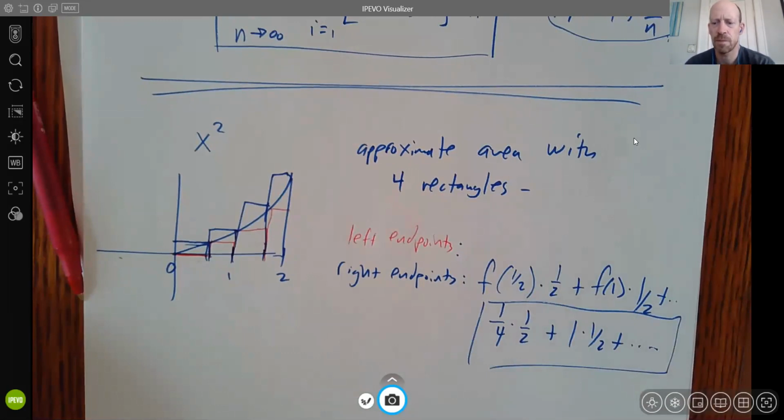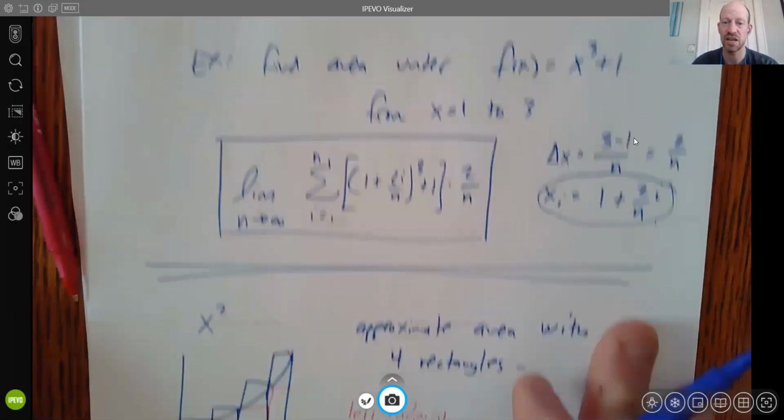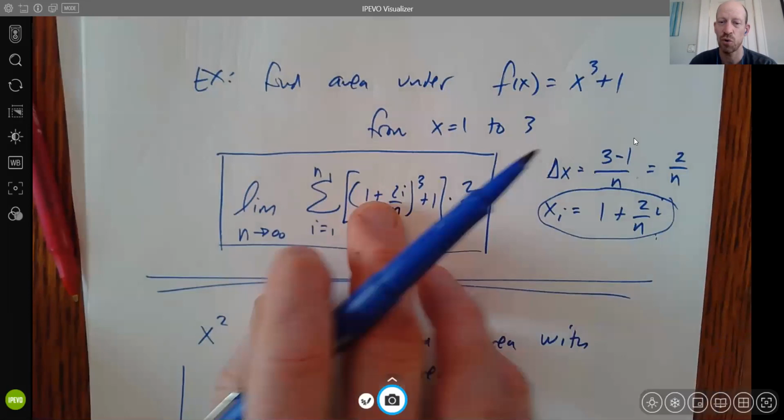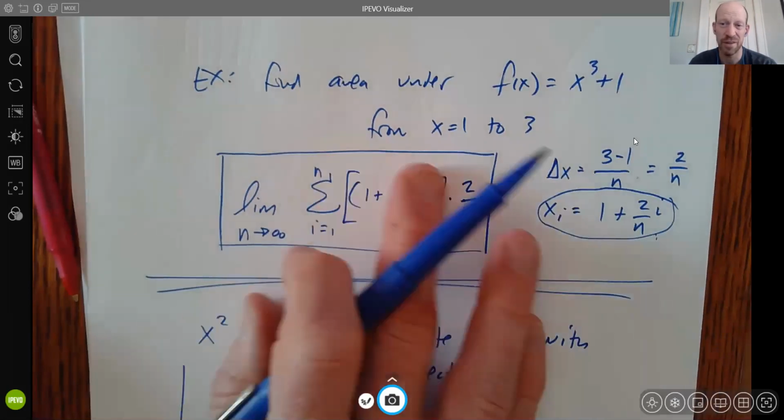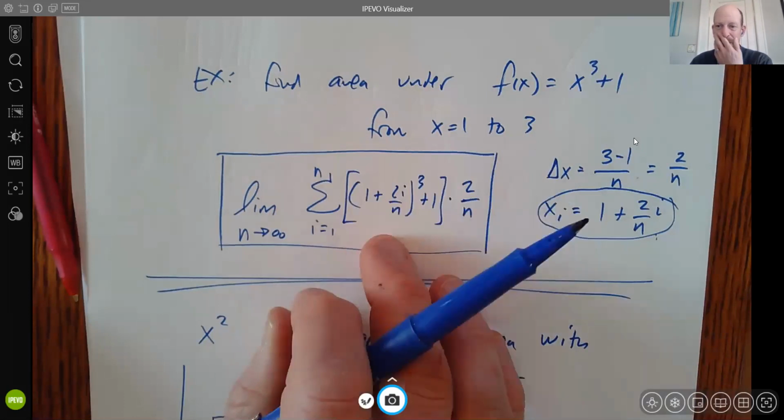Questions about this and this process at all? We're still missing some of the tools to actually do these calculations. We need to know mostly just how to work with this sigma notation. What does that do? How does that operate on an expression like this?